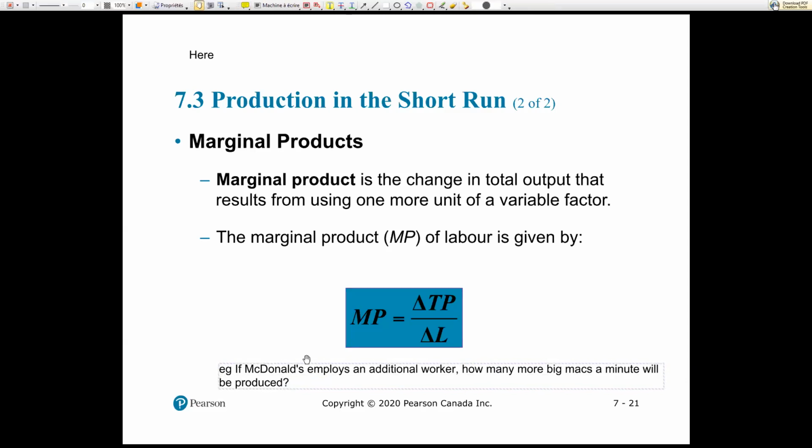So average is for my average staff, and marginal is at the margin. Given the size of the McDonald's right now, if I ask myself, should I employ some other person, what would be the outcome on my total production? So the increase in total production divided by the increase in labor. If it's one extra worker, it's just the increase in total production.